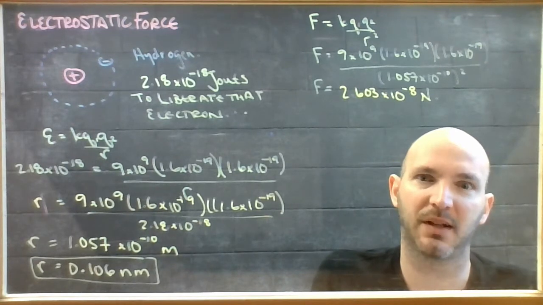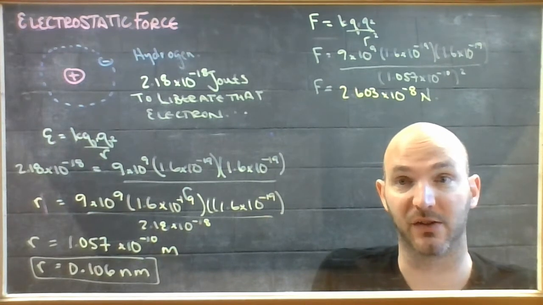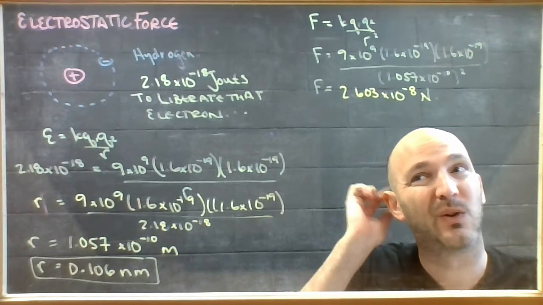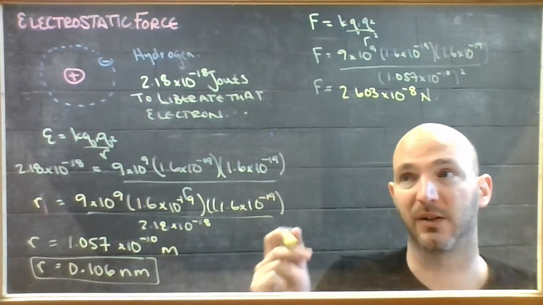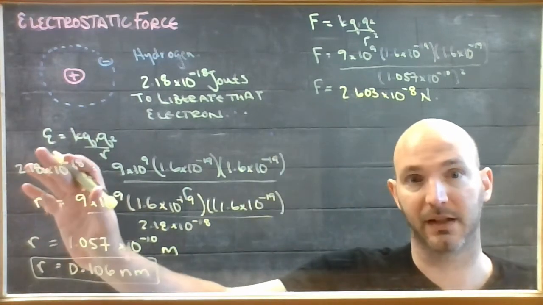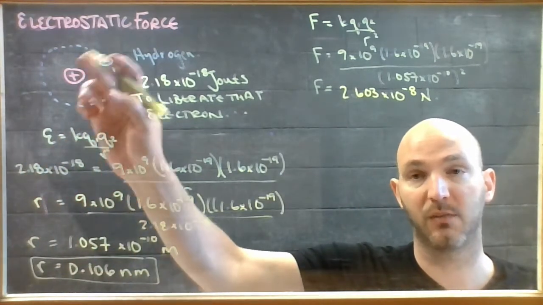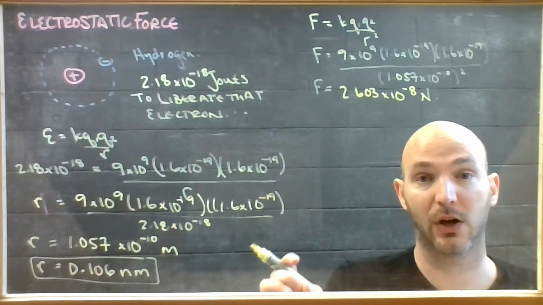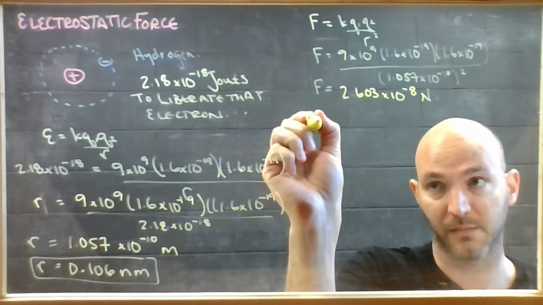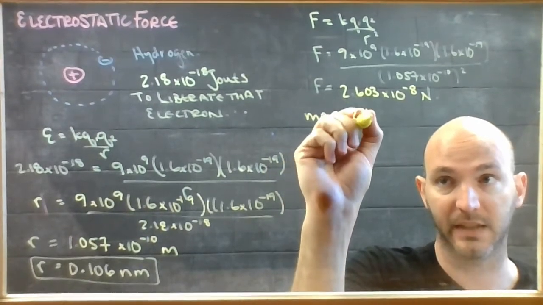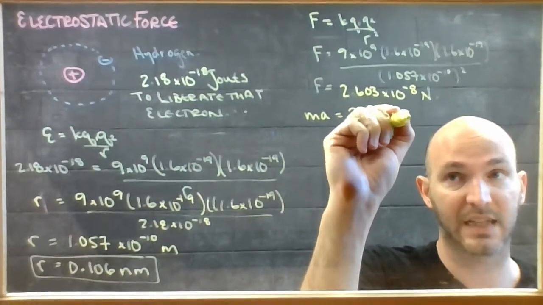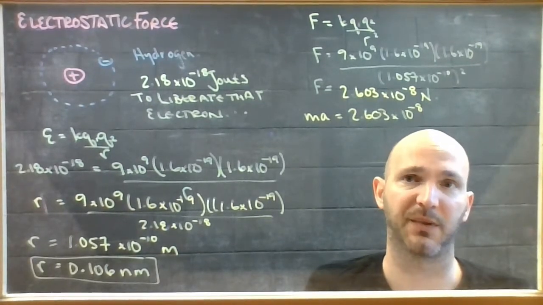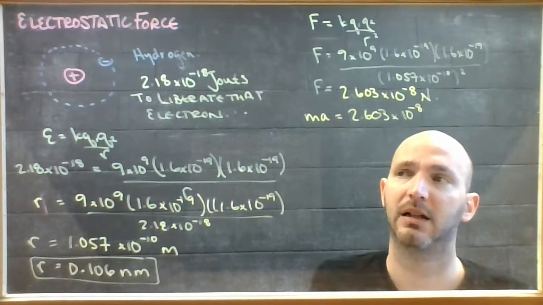Okay, well, what's the point in getting a force if you don't figure out an acceleration, right? That is sort of why we do all this stuff. So the force acting on a thing, if there was nothing else happening, if this was not in motion, I just took an electron, put it at that particular location and let it go, I'd end up with mass times acceleration being this, which is a teeny tiny force, right? That's 26 nanonewtons, so it can't be that big a deal, right?